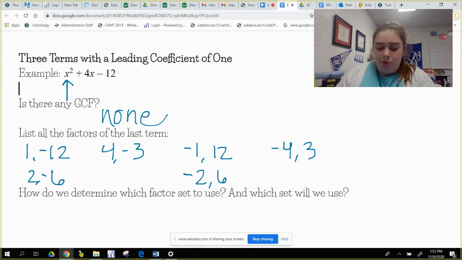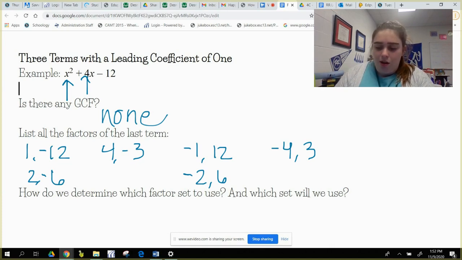So how we determine that is we're going to look at all of our sets that we've written down, and see which one the numbers add up to be the middle term. Our middle coefficient is 4 right here. So which of these sets do the numbers add up to be positive 4? Okay, so that's how we determine which factor set to use.